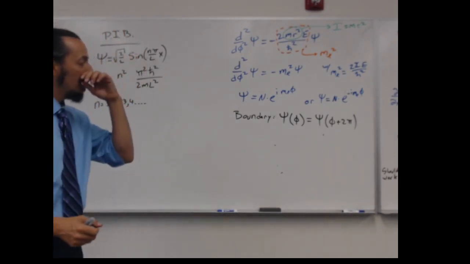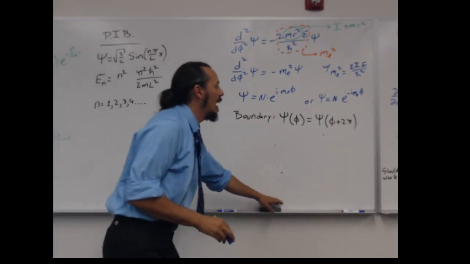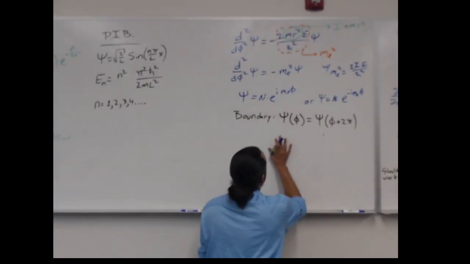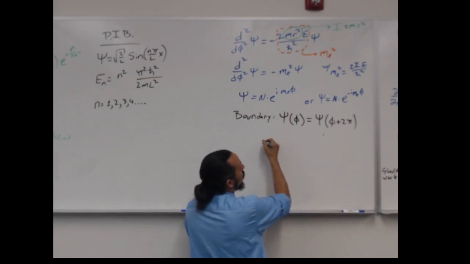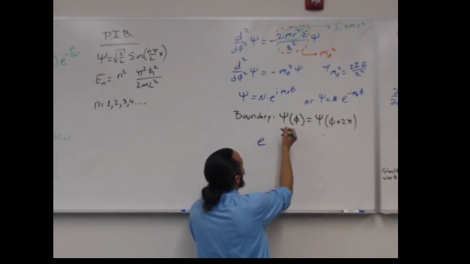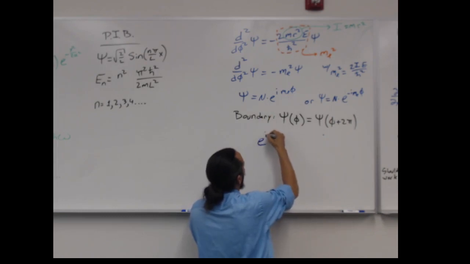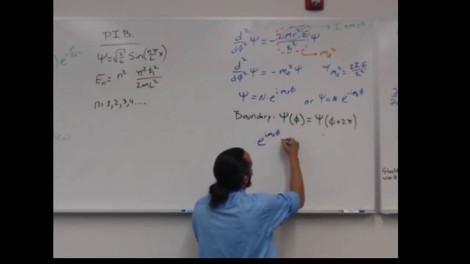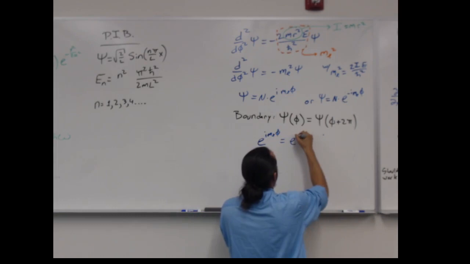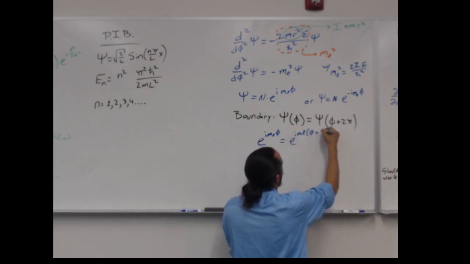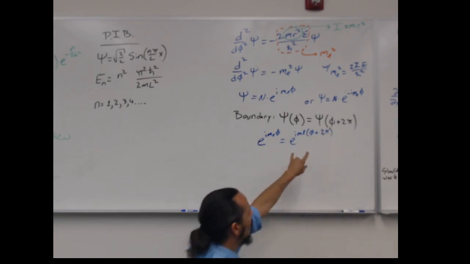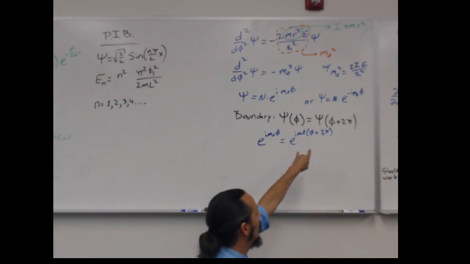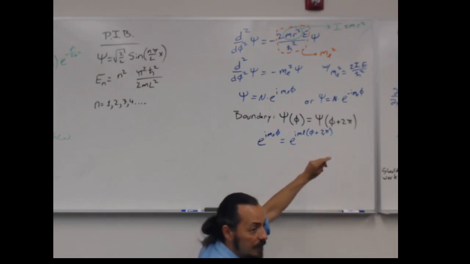And it gives us a nice restriction to the m sub l values that we have. Because when we plug this in, not worrying about the normalization constant for a moment, I have e to the I m l phi, for the positive one, equal to e to the I m l phi plus 2 pi. And when I have that addition in the exponent, that's like two functions times each other.